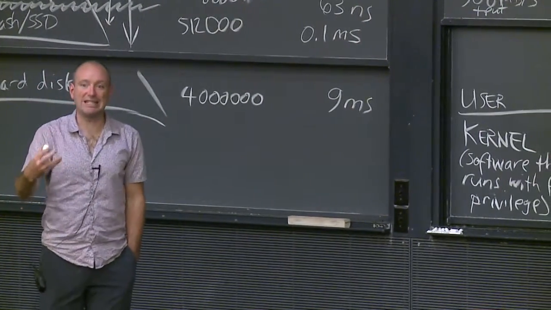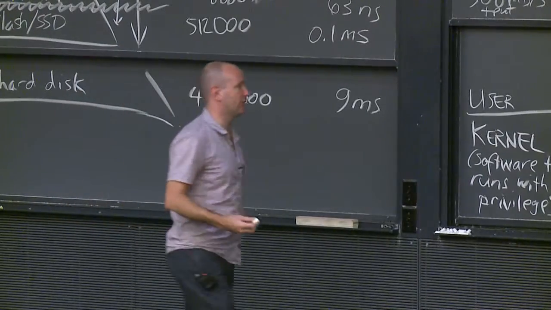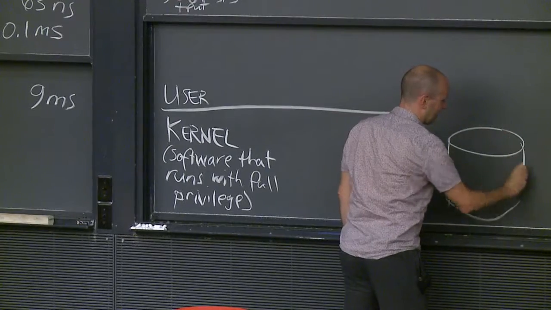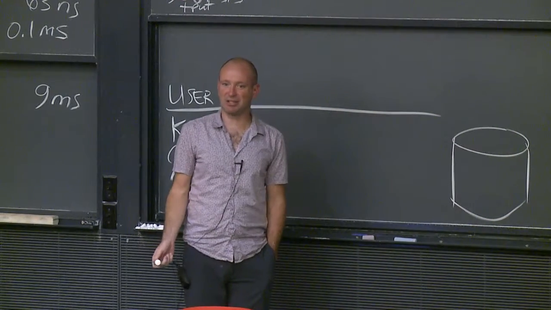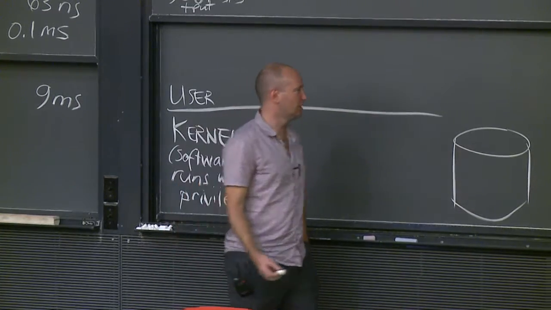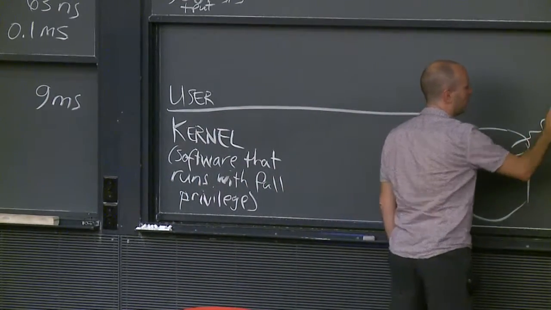So if you want to read data from a disk, which we often will draw like this, for some reason we draw disks like this, even though most disks are SSDs now or flash, and they aren't actually cylindrical. But this is the typical picture of a disk.